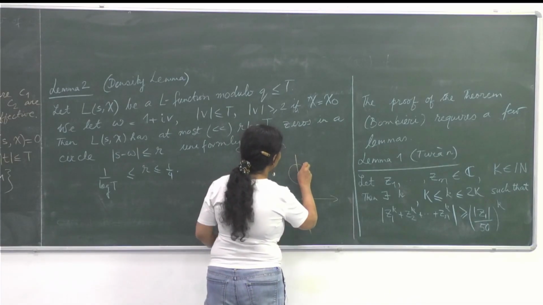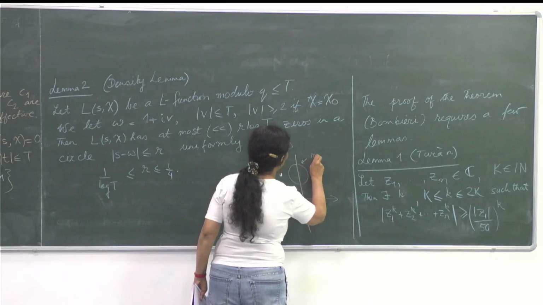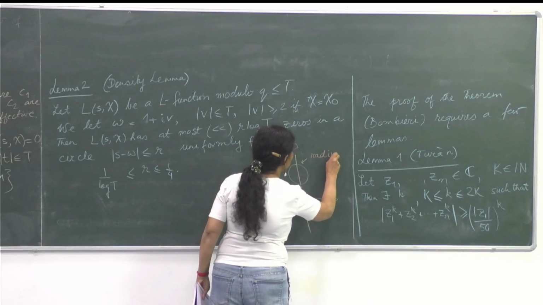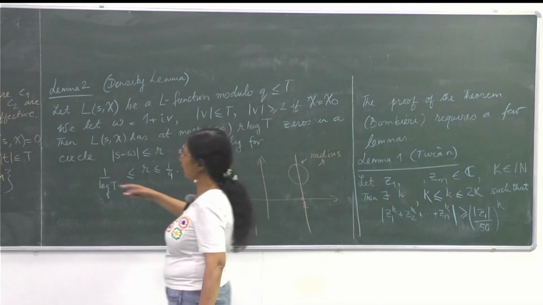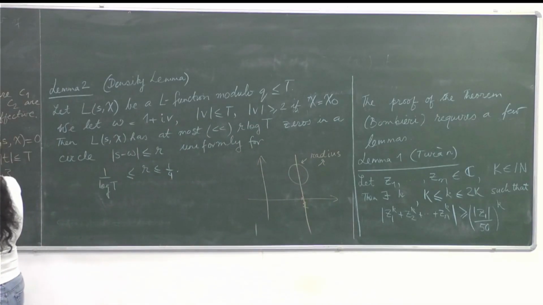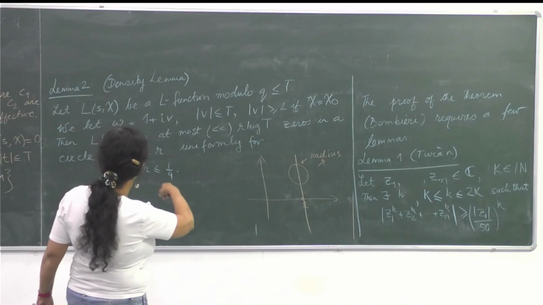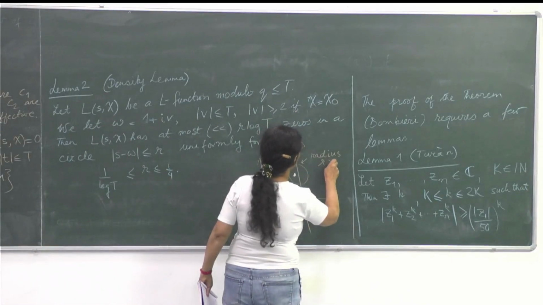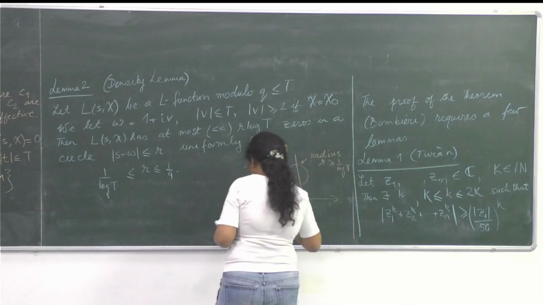This circle has radius R, which is greater than or equal to 1 by log T. All right, and the zeros are inside this.